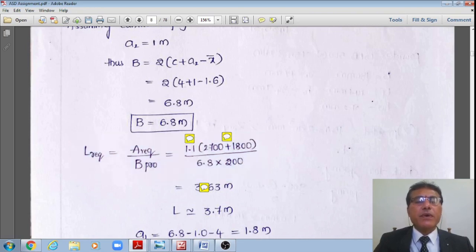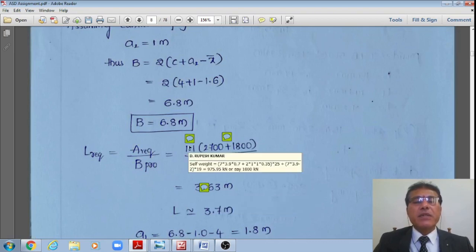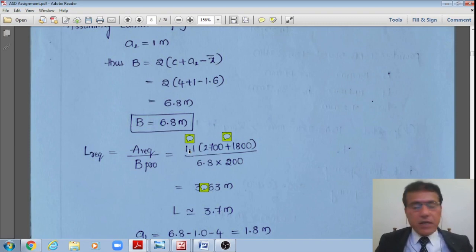So I get 1.1 multiplied by 800 plus 1200 divided by 2000, divided by 6.8. Therefore, it works out to say 2.43 meters, with 1.1 being 10% extra for the self weight of the foundation generally.